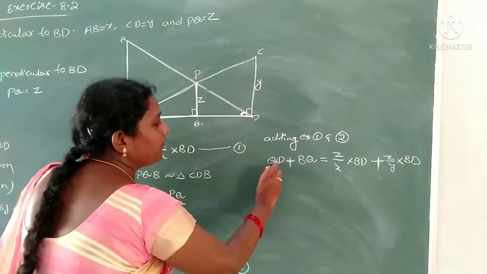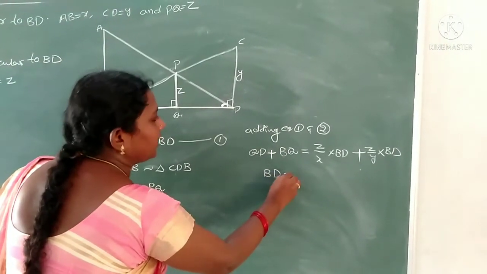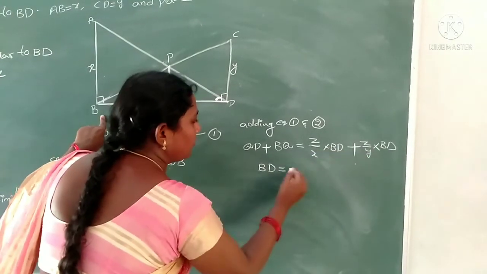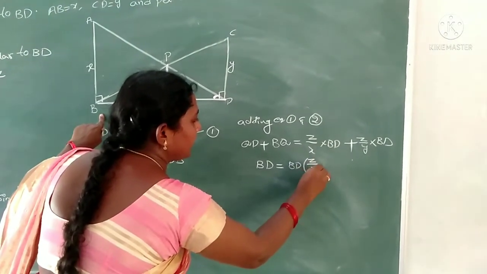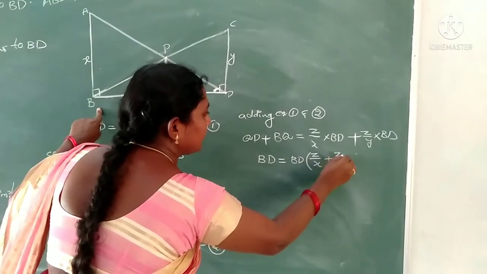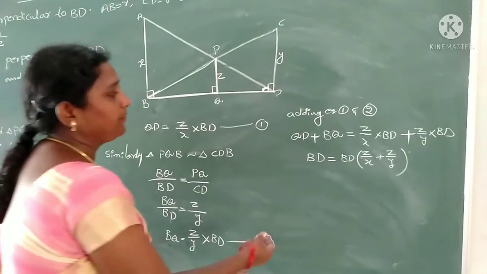So BD equals BD times (z by x plus z by y). BD cancels, so 1 equals z times (1 by x plus 1 by y).